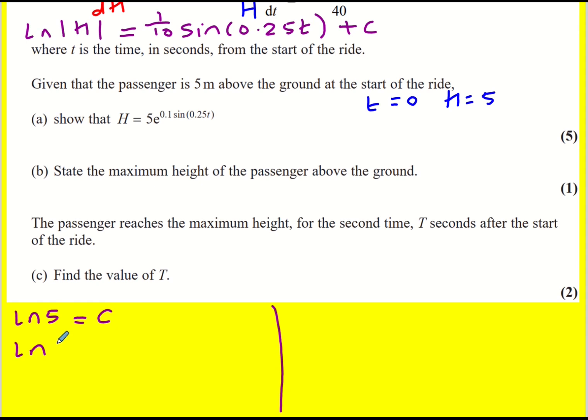Therefore, I get ln h is equal to 1 over 10 sine 0.25t plus ln 5. I could even then minus the ln 5 and get ln h over 5 if I wanted to.